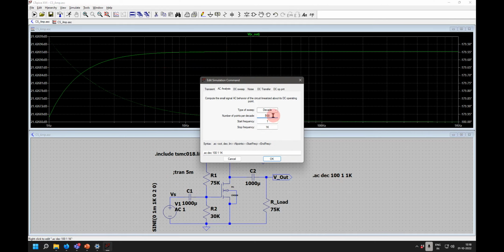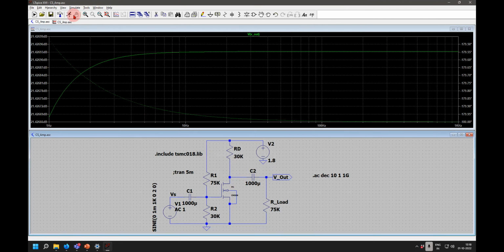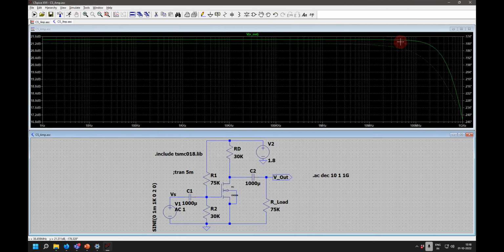Similarly, here I have just put it as 1K. If I put it as 1G and do a sweep, I will find that at higher frequency this starts dropping out. From 1 megahertz, from 100 to 1G, it is falling.